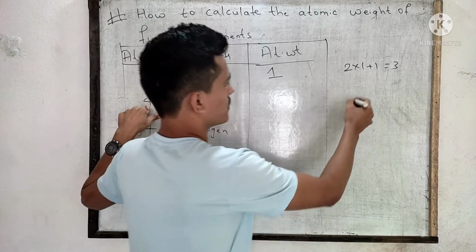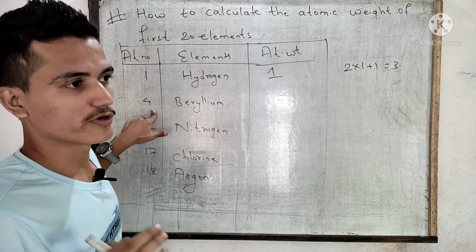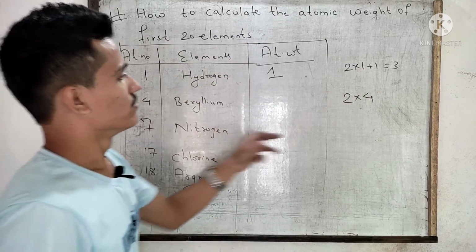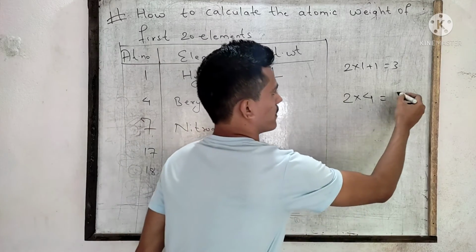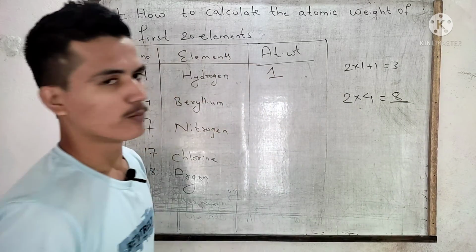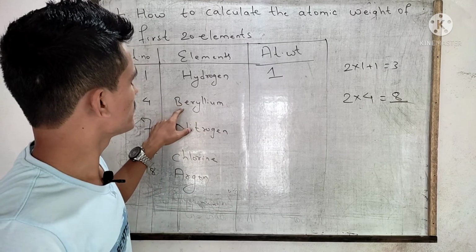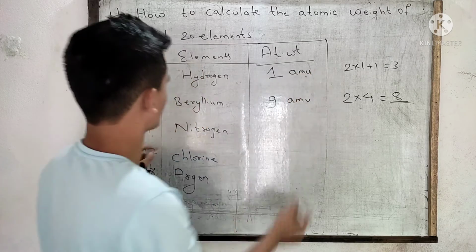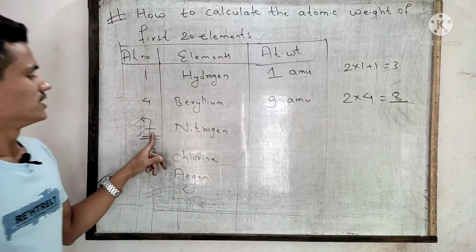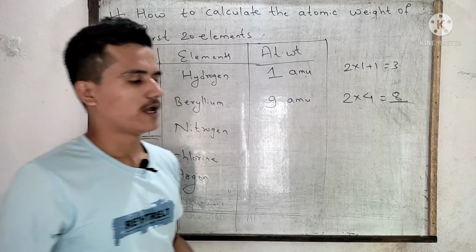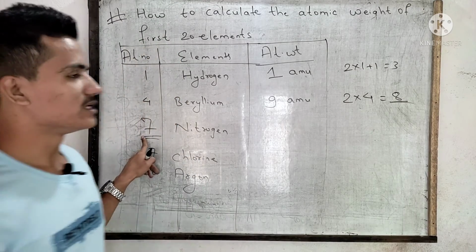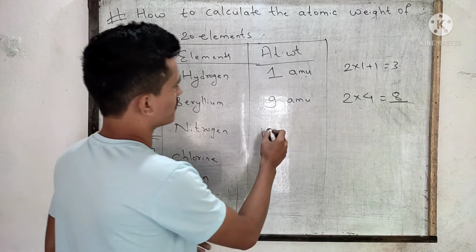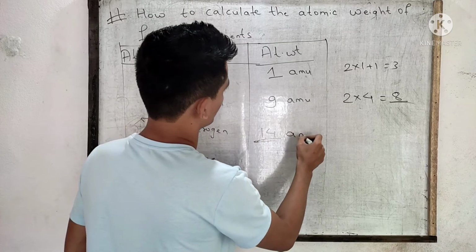According to the rules, this 4 is even, so we simply multiply 4 by 2. The answer would be 8, but the answer is not 8, the answer is 9 AMU. Similarly, according to the rules, 7 is odd and the atomic weight should be 7 into 2 is 14, 14 plus 1 should be 15, but the atomic weight is 14.